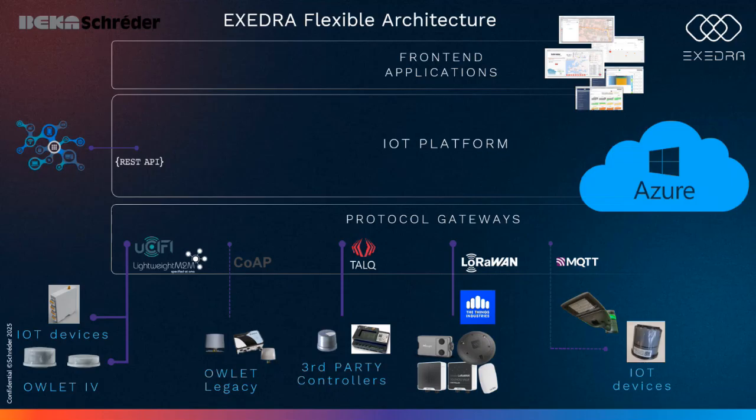So just to show the flexibility in the architecture of Exedra as a specialized IoT cloud hosting platform with an open data model, connect other technologies to a user interface. We have our Owlet 4 nodes and other IoT devices that use the lightweight machine-to-machine protocol. So all at street level below, we have our legacy nodes from previous generation, still using CoAP, which is also a lightweight protocol.